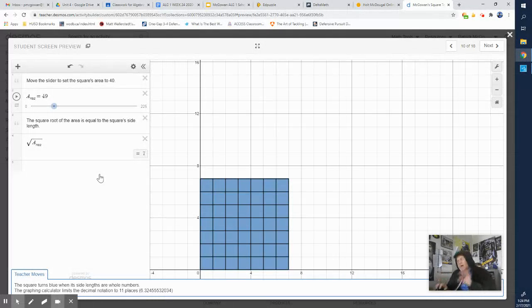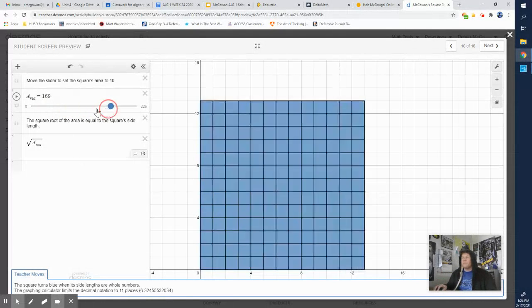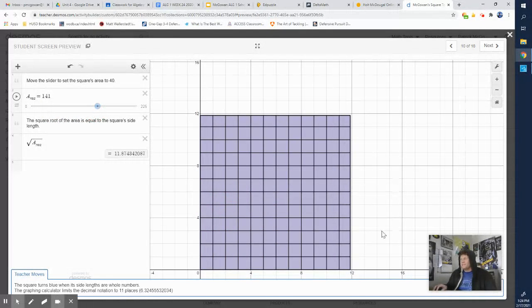Those are the clean ones. Then we realized it could be anything, but if it wasn't clean, I still have the area of something, but it's just not a perfect number.